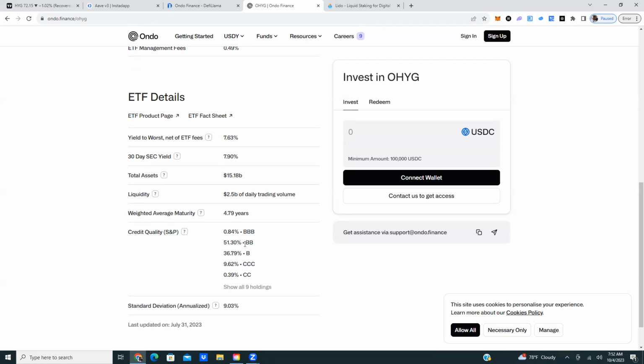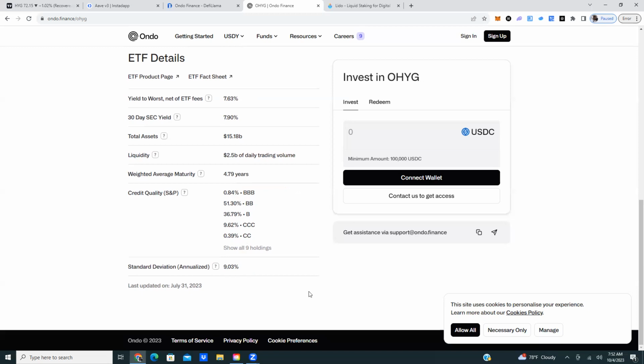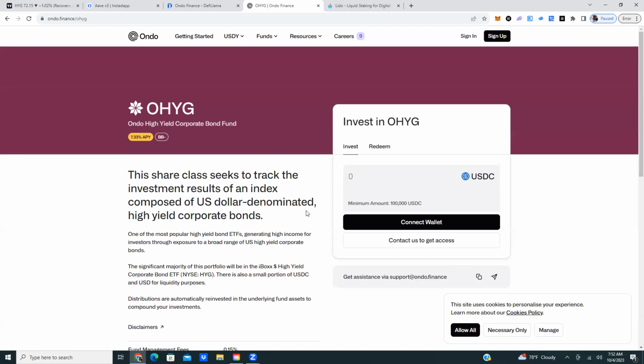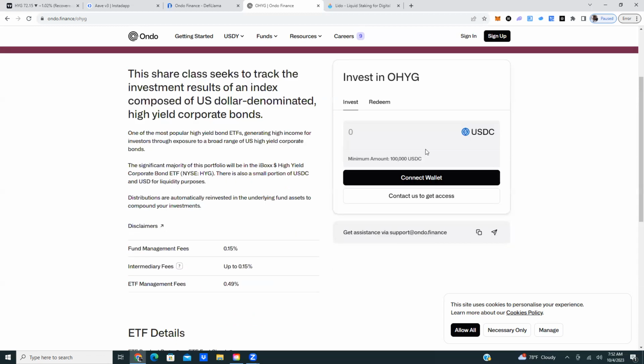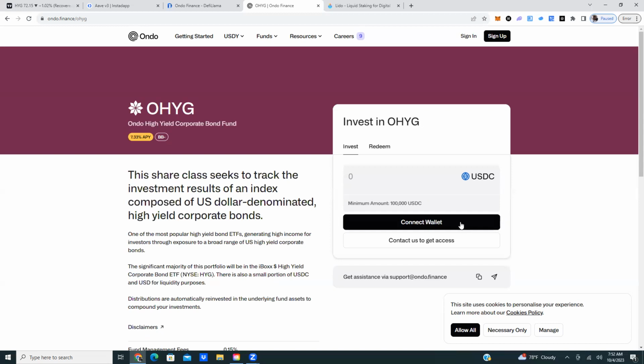There is a majority weight of double B credit assets in this platform. This is interesting. The minimum amount to invest into this platform is 100,000 USDC. So you can't even purchase this asset unless you have at least 100,000 USDC. And this is decentralized. You do not need to sign up for this. You can just connect your wallet and you should be able to get access to this platform.